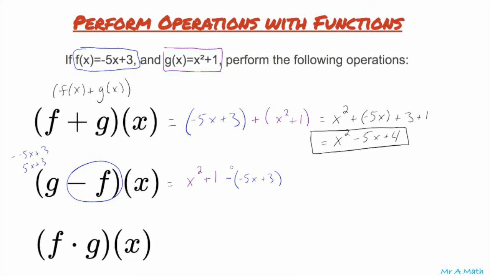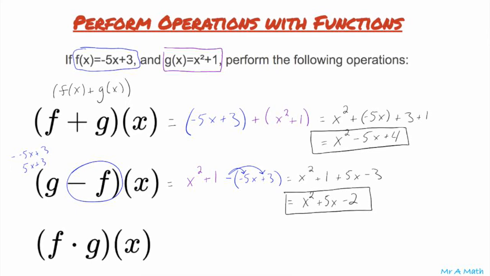When in reality, if I put it in parentheses, I need to subtract this whole thing, which means I need to distribute this negative symbol to both terms in order to simplify it. So once I simplify it one step, I get x squared plus 1 plus 5x minus 3. And after I simplify it down and combine all my like terms, I get x squared plus 5x minus 2 as my answer.